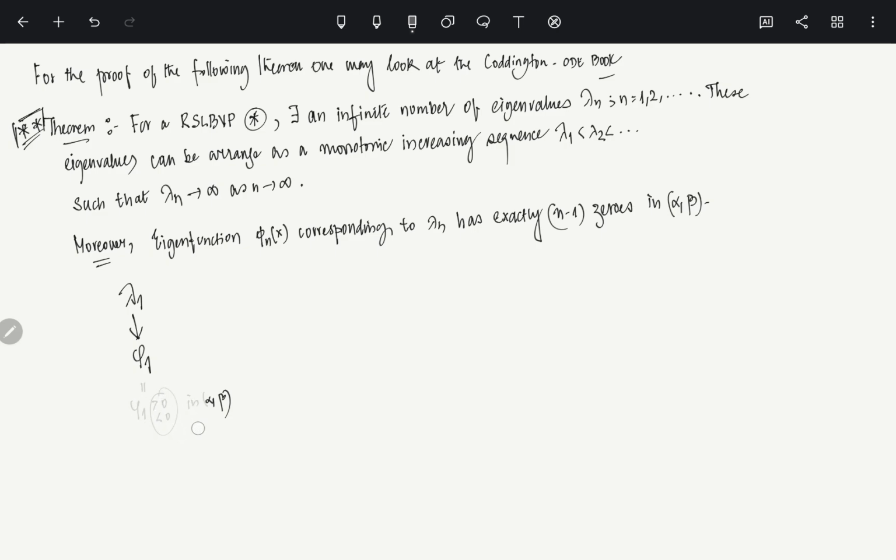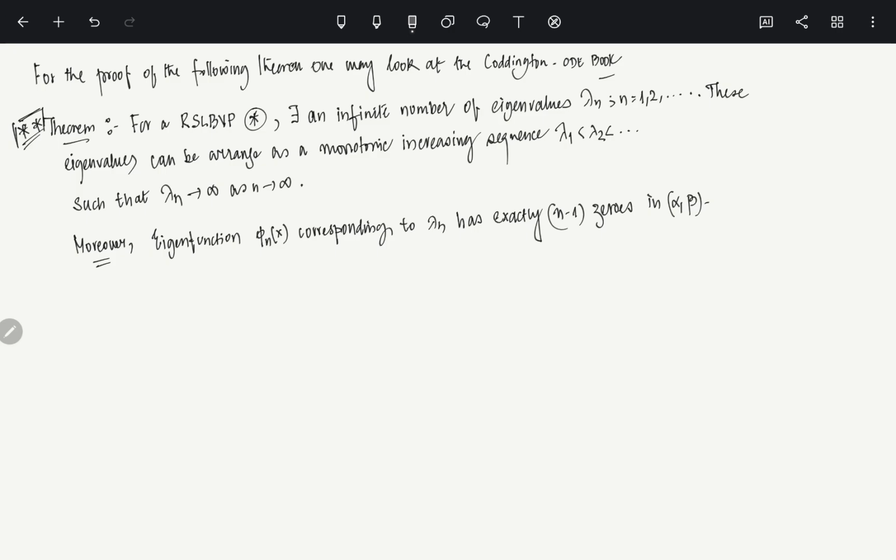Right. What about phi 2? How many zeros does phi 2 have? Corresponding to lambda 2, you have phi 2, and phi 2 will have exactly one zero. So there exists some x naught between alpha and beta such that phi 2 of x naught is 0. So brilliant theorem, right? And it's a very, very important theorem, because it actually guarantees the existence of eigenvalues.